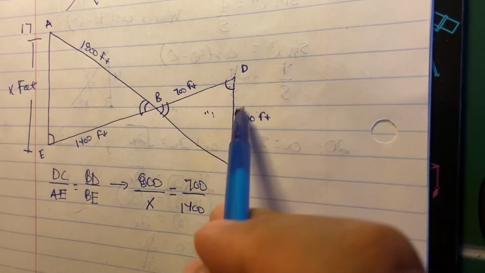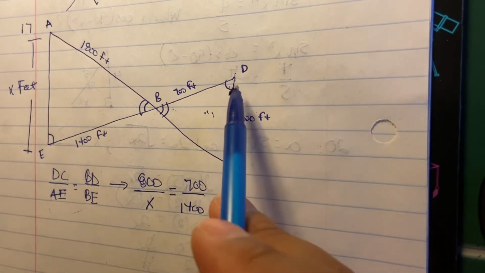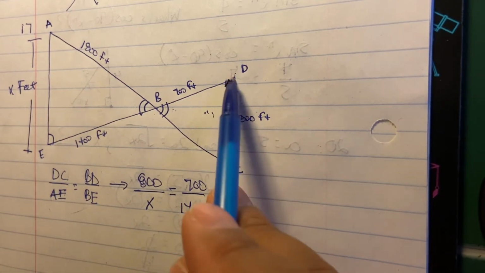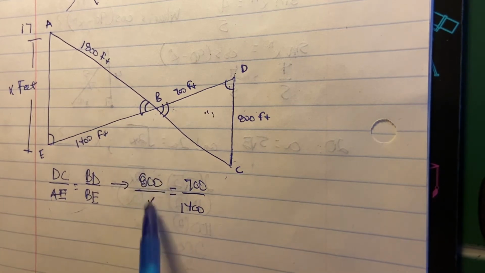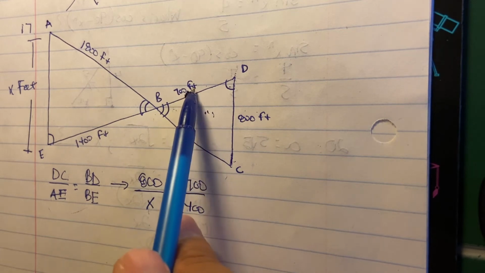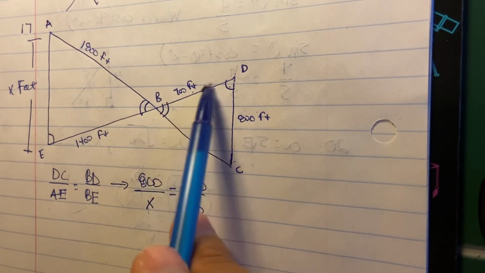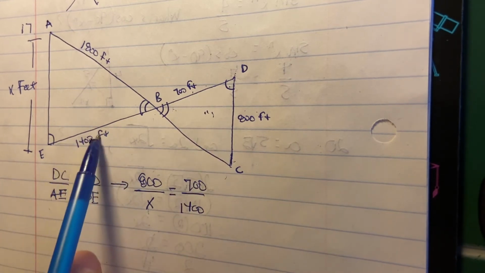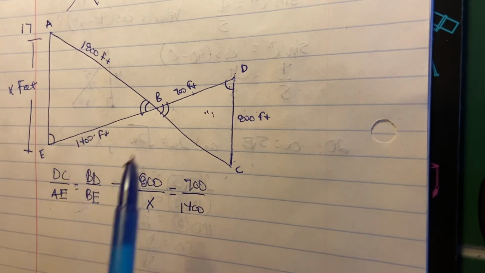Because we're looking for corresponding pieces in these two triangles. So this would be the base of the triangle, and this would be the base of this triangle. So those match up, right? They're in the fraction together. And then this might be the right leg of the triangle, and this is the right leg of this triangle, depending on how you look at it. So 700 matches up with 1,400, all right?